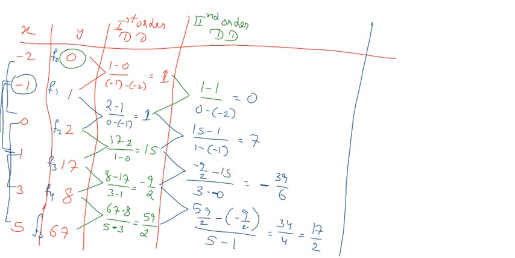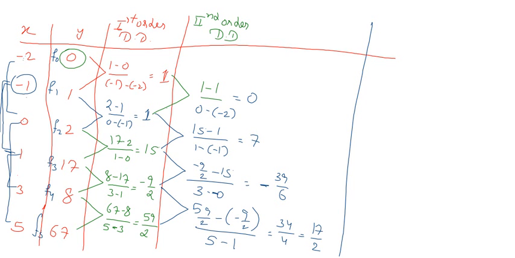Right? So in the denominator you have to be cautious here. In the denominator of the second order divided difference, you start from minus 2, skip minus 1, so minus 2 to 0, so 0 minus minus 2. For the second entry, you go with the next value, x1 to x3, so x3 minus x1.